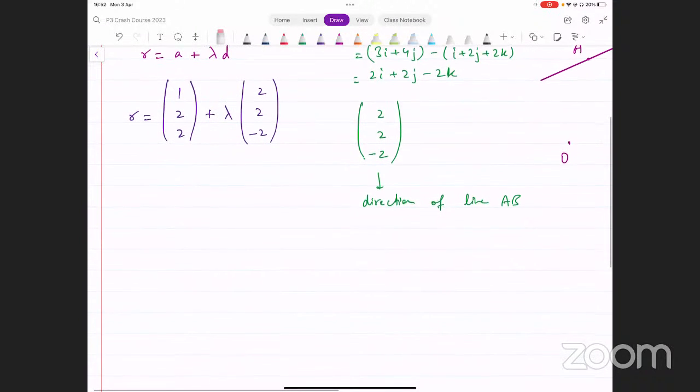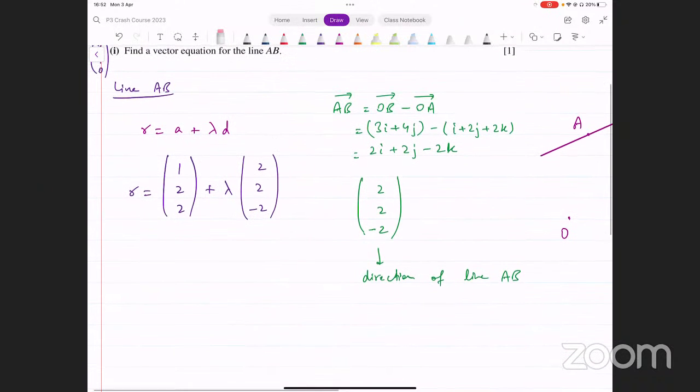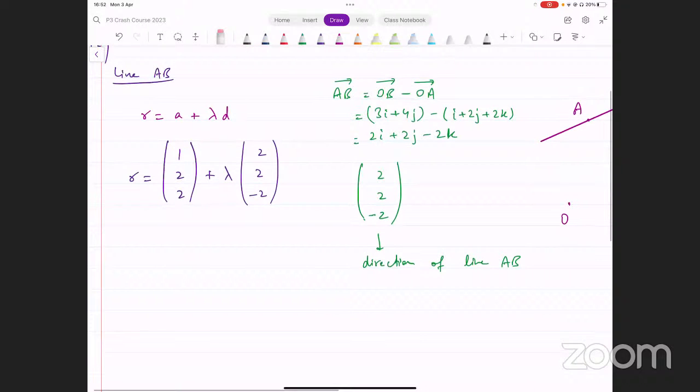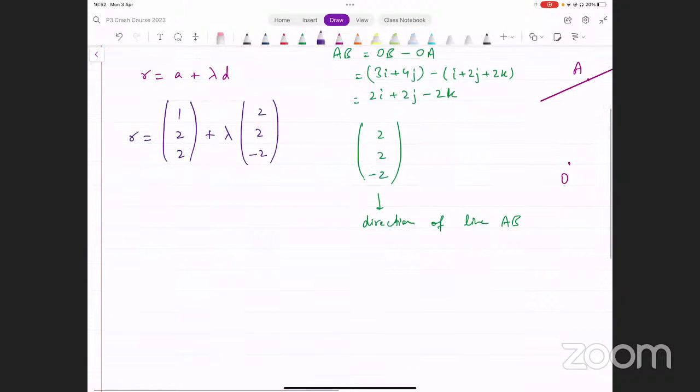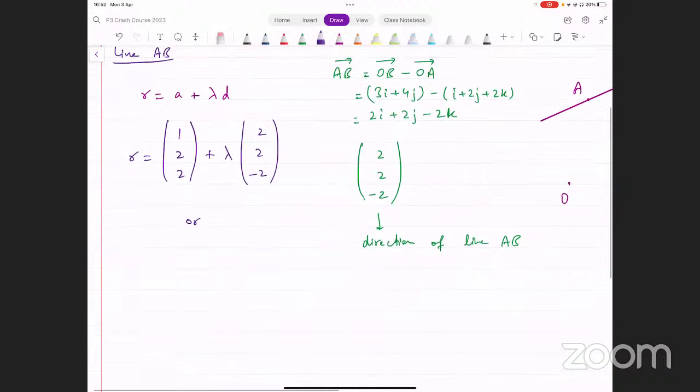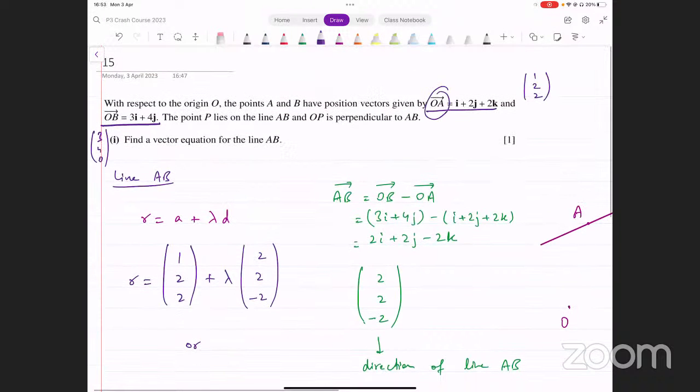But in vectors, we often have multiple equations representing the same line. There are multiple ways of writing the same equation. So for instance, in this case, what we did was we used the point OA as this point A. What if we used OB instead? You could do that as well.